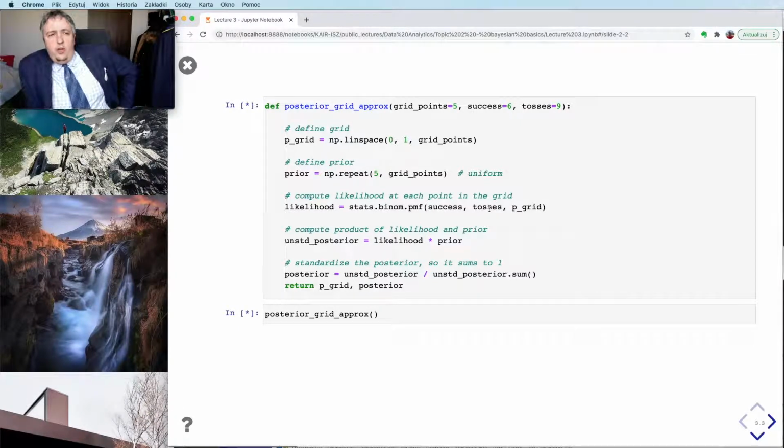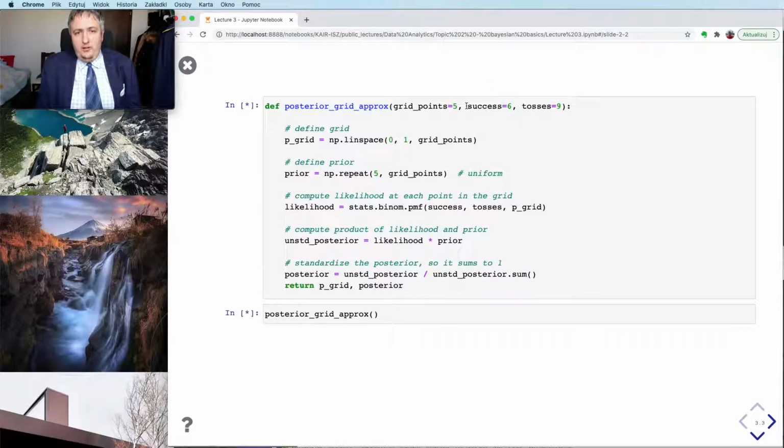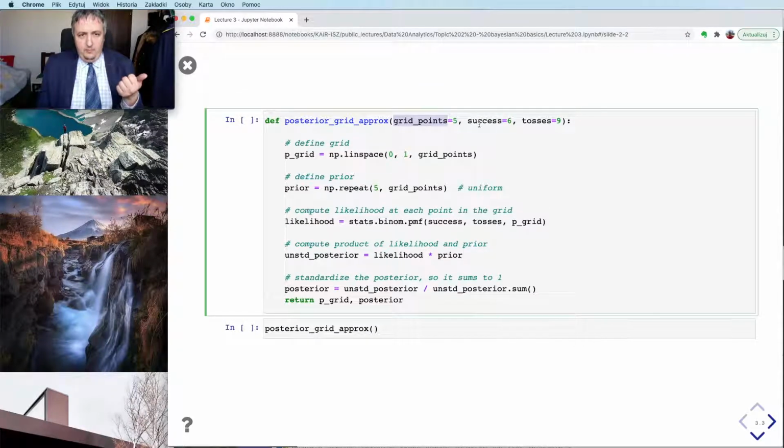So we define our posterior grid approximation as a function that has 5 points on the grid. We define the number of points on the grid, we define the number of successes, and we define the n, so the number of experiments.